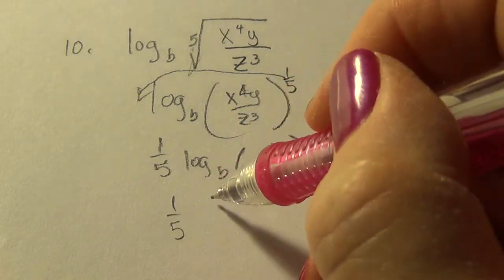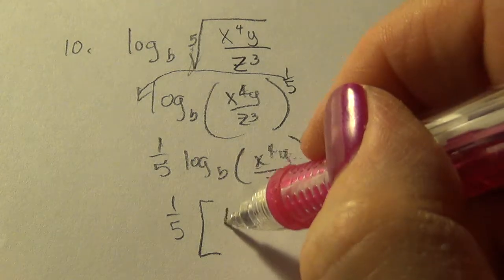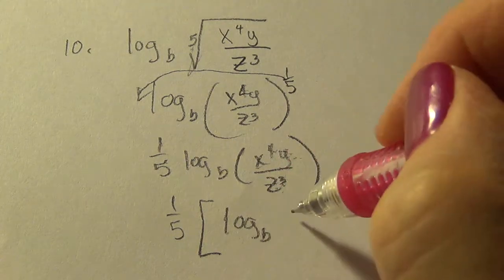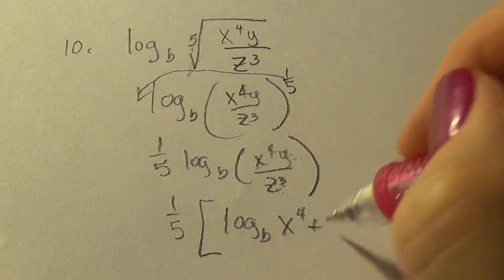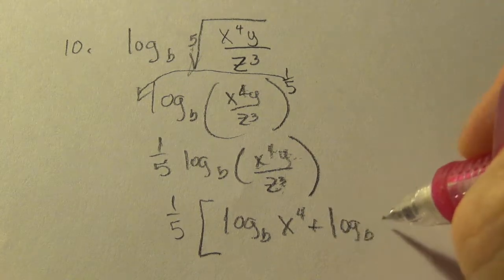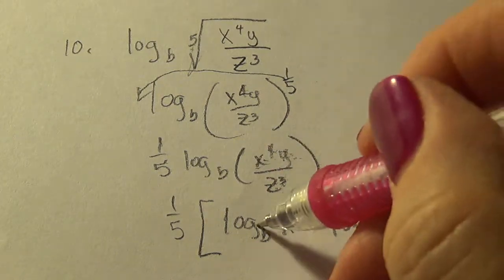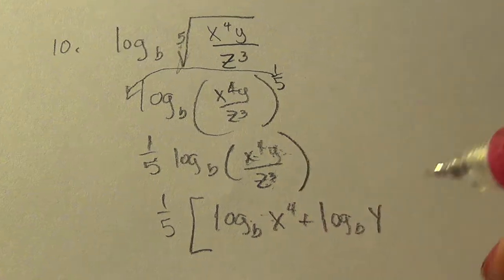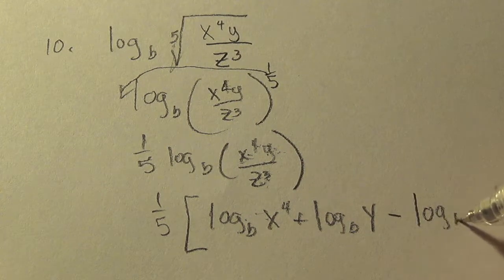This 1/5 will affect all of that, so we'll just keep it outside. So watch this. Log to the base b of x to the 4th plus log to the base b of y. Because these were multiplied, I can change them to two logs that are added. And the last one comes out as a subtraction.